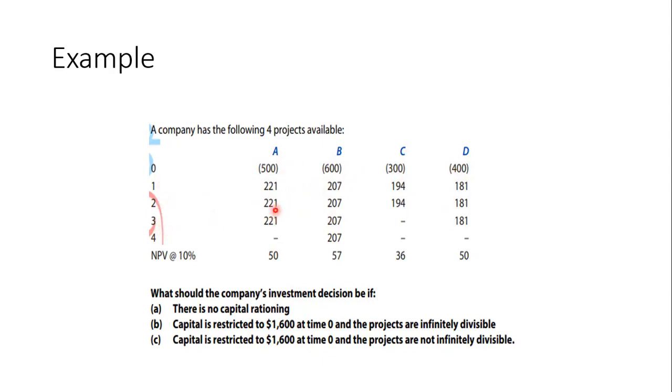These are the cash flows for each of the projects A, B, C, and D. And there's an NPV, which is calculated at a 10% discount factor, giving us the NPV for each of them: 50 for A, 57 for B, 36 for C, and 50 for D.